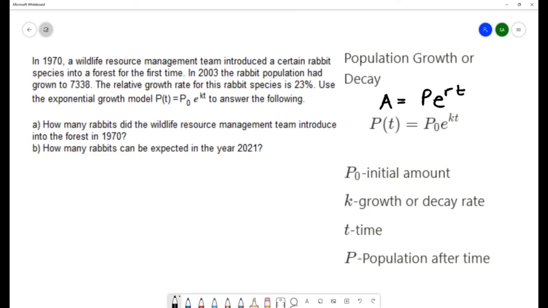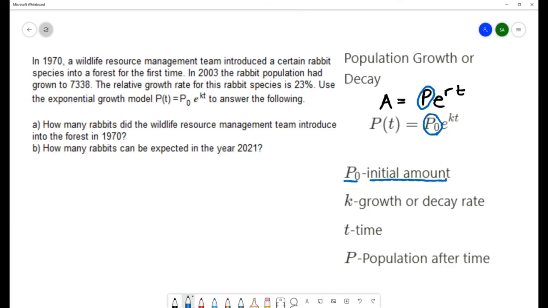Hopefully you already see some similarities. Let's go one by one through each of these variables and remember what they are using the continuous compound interest formula. The value of P in our continuous compound interest formula is the initial amount of money that we invest. Now in this formula, the P naught is in the same position, and you'll see that P naught is the initial amount.